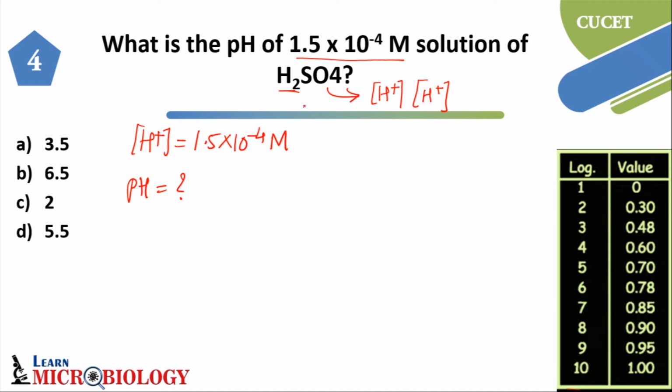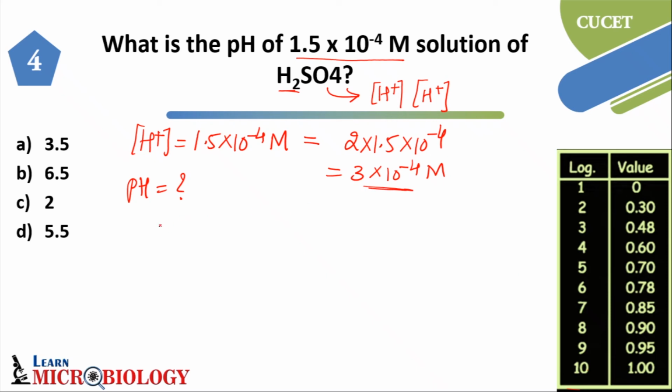So remember, whenever you have a strong acid or a strong base which has more than one dissociable hydrogen or OH, then you have to multiply. So here as well we need to multiply this value. This is the value for 1 H plus, and since we will have 2 H plus here, you just have to multiply this value by 2, then you will get around 3 into 10 raised to minus 4 molar.